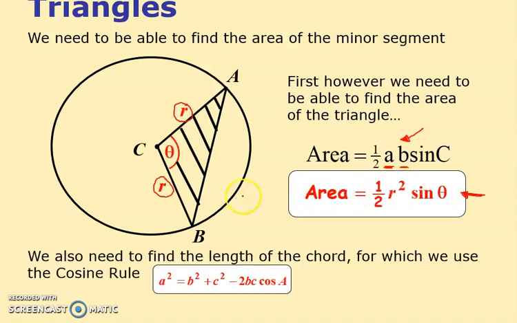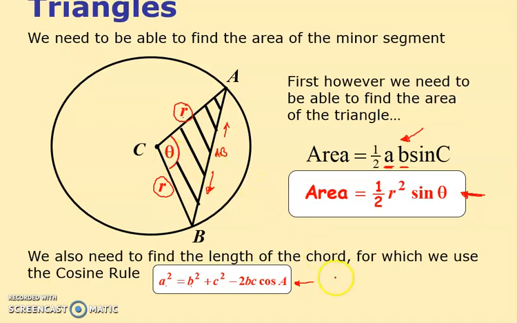We'll also need this. A squared equals B squared plus C squared minus 2BC cos A. This is a rule that finds the length, in this case AB. It's the length of this chord. Normally you would have two sides and you'd find the opposite side to the angle.